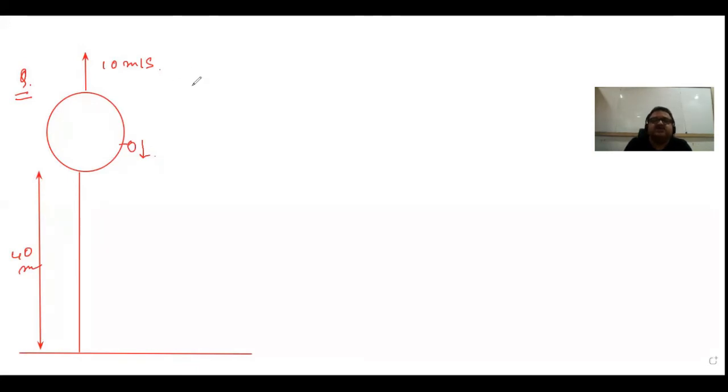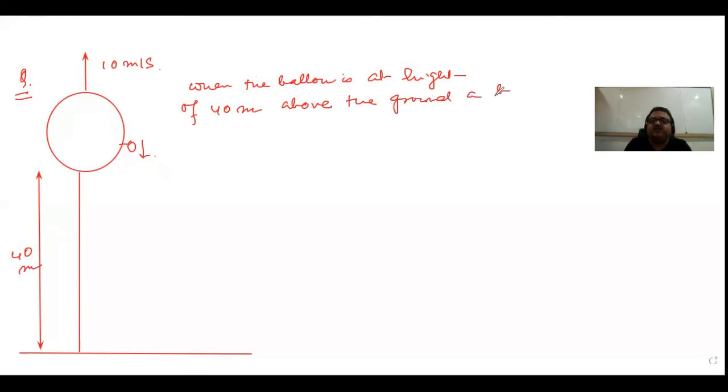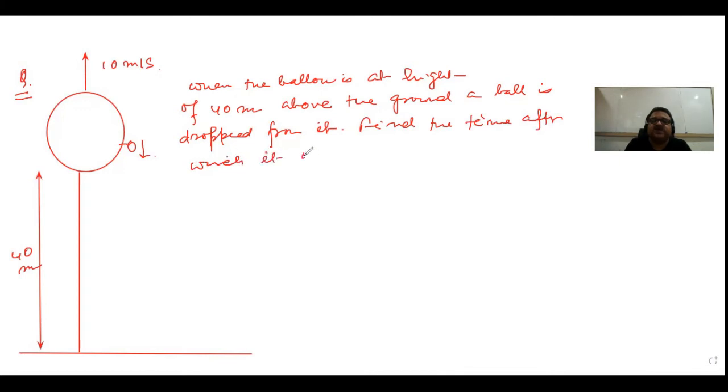The question is, when the balloon is at a height of 40 meters above the ground, a ball is dropped from it. Find the time after which it will strike the ground.